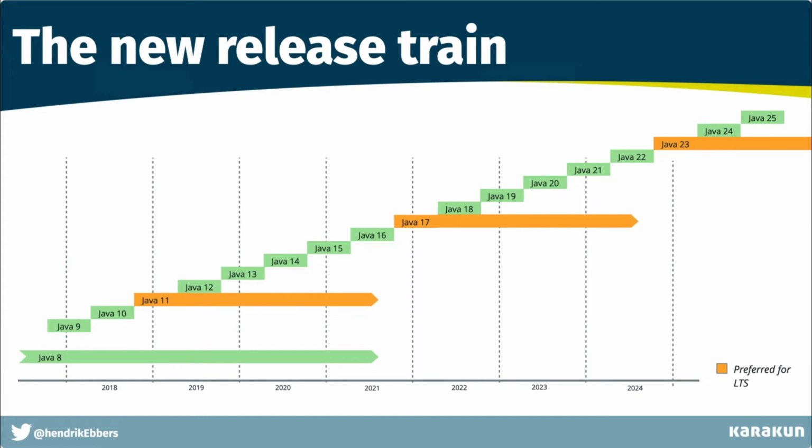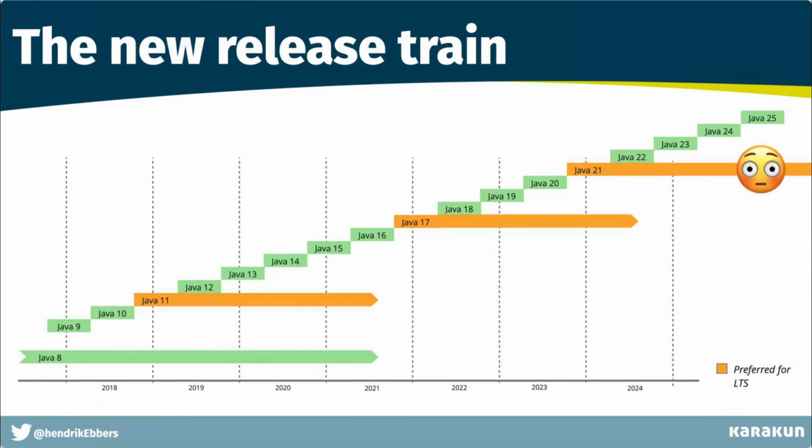And sadly, or maybe it's even positive, but it was not really good in the press, and there was no really good marketing about this. This has already changed again, because starting with Java 17, within the OpenJDK, there was a proposal that LTS versions will now be released all 2 years.